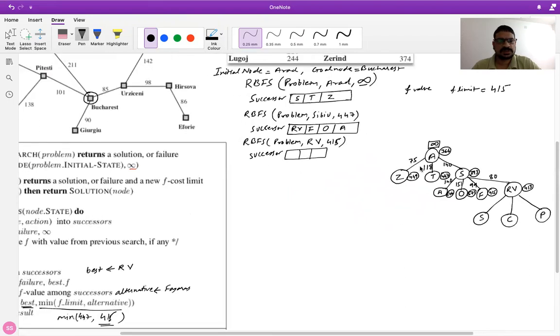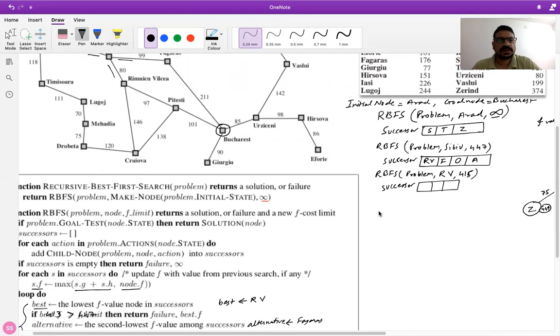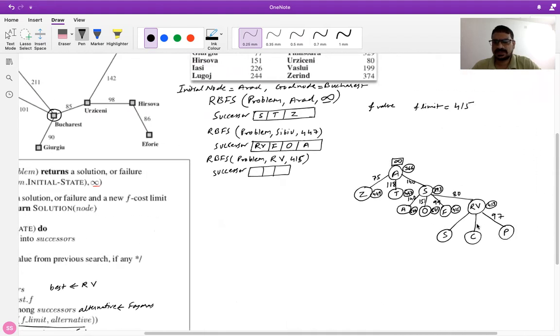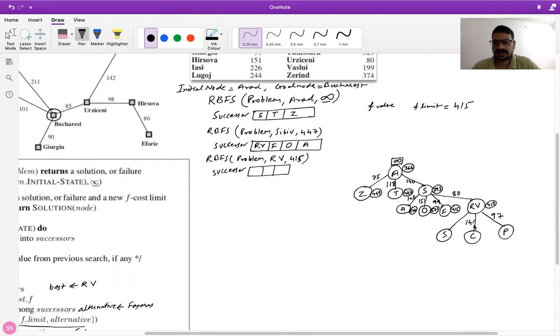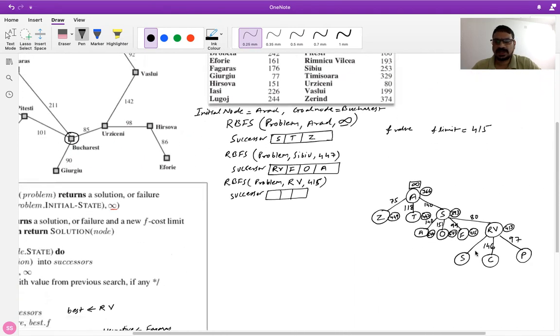What is the cost? For Pitesti, it is 97. For Craiova, it is 146. And for Sibiu, it is 80.